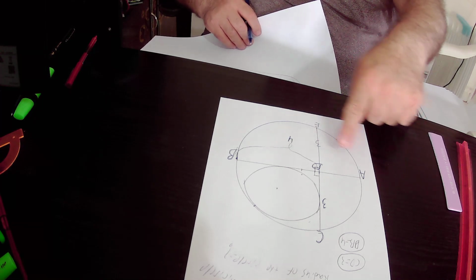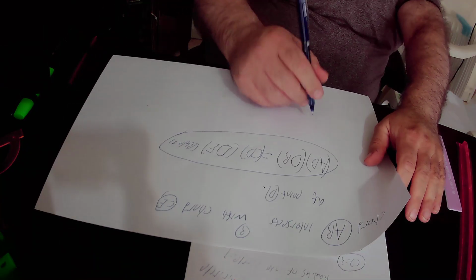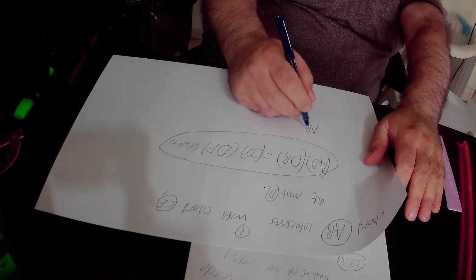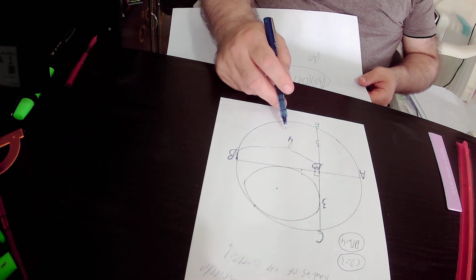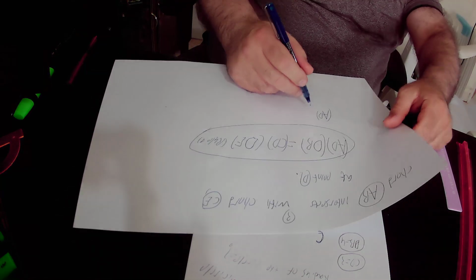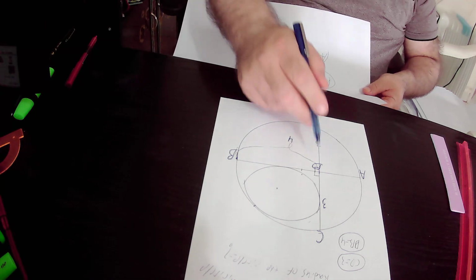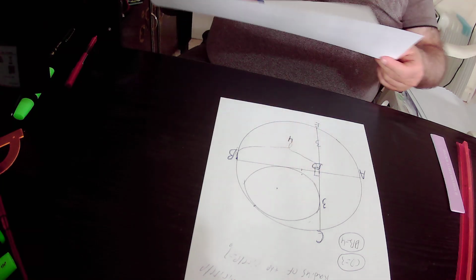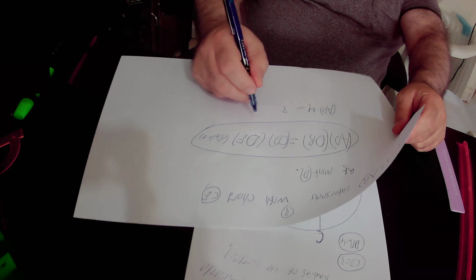If AD is the missing line segment, we will leave it as it is. It is AD times DB. According to what is given in the question, DB equals 4 units, so we substitute DB by 4. And it is equal to CD. It is given in the question that CD equals 3 units, so we substitute CD by 3 times DE.